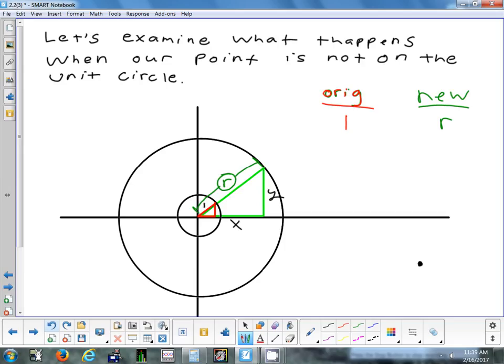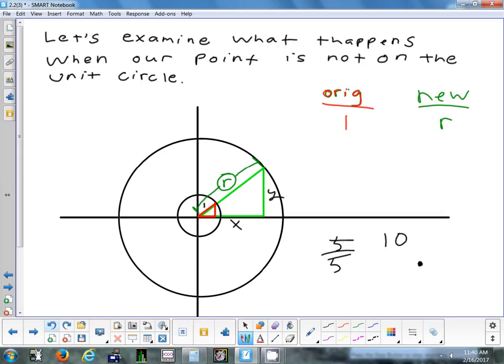What if the radius is r? How many times too big is that? Yeah? R. It's r times too big. So we would have to make it r times smaller. And the way you make something smaller is you divide. You scale it down. So if I take 5 and I divide it by 5, that makes it 5 times smaller, turns it back into 1.